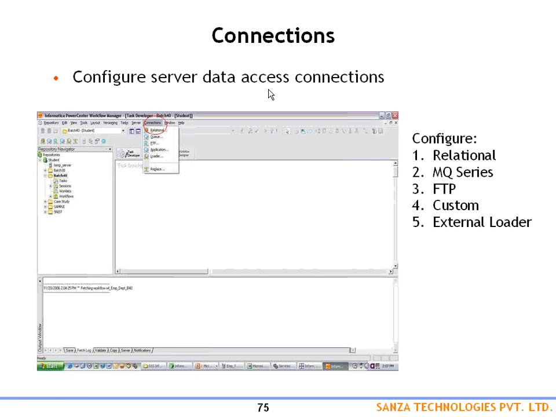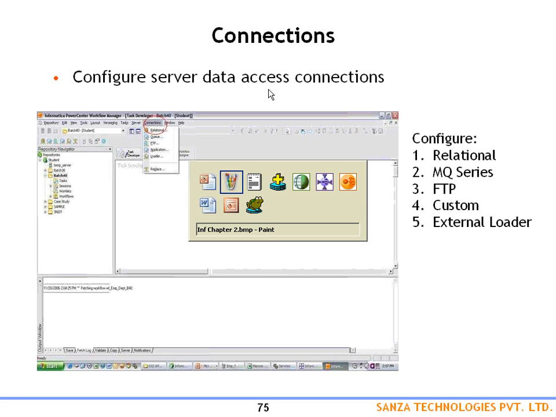Not only create the connection, but you have to assign those connections to the session. There might be different types like relational connection, MQ series, FTP. There are different types of connections. Now, how to create connections, we will tell you in next few minutes.